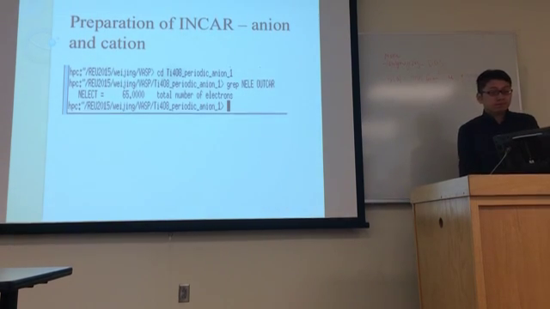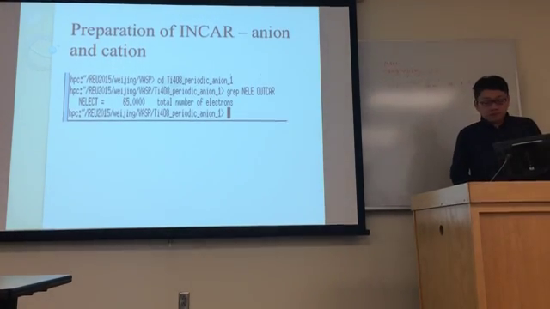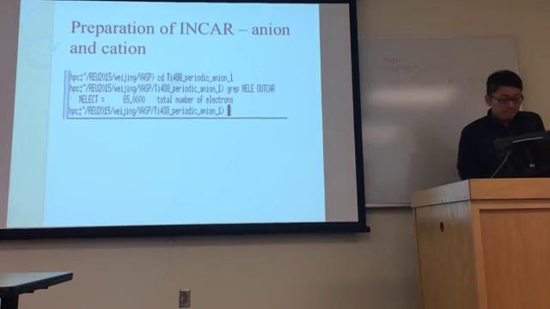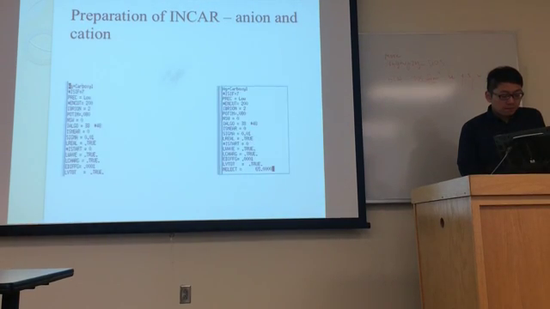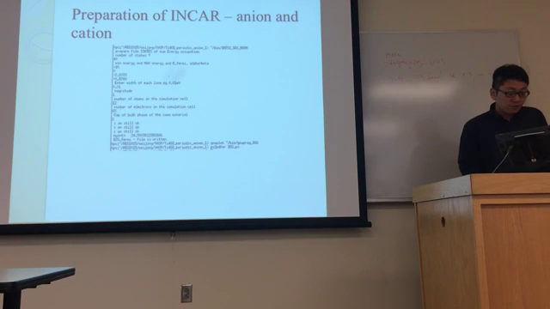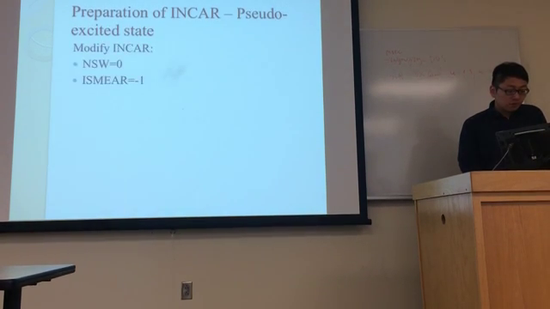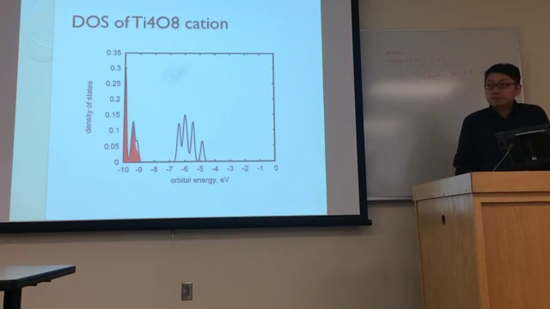Okay, more questions to the speaker. Austin. You go to the density of states, the cation. The graph, right? The plot. You mean the graph? So how did you pick the range for the x-axis?